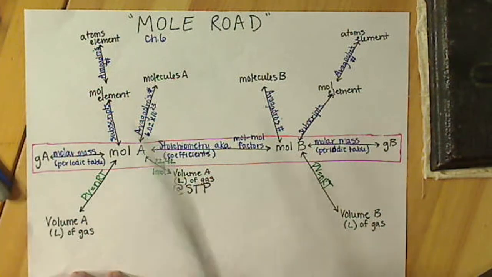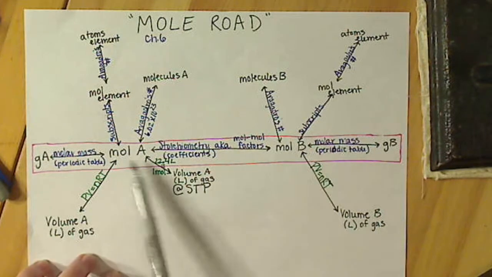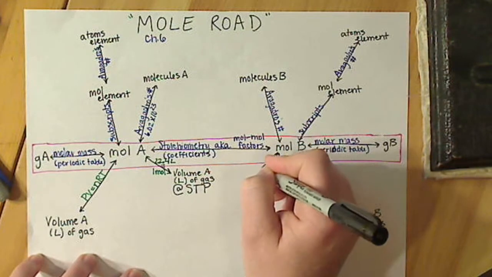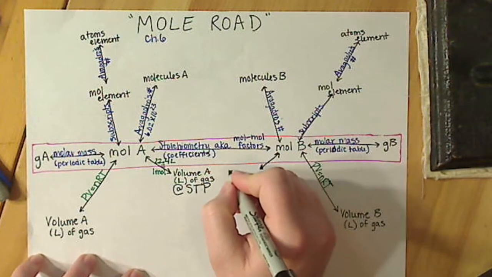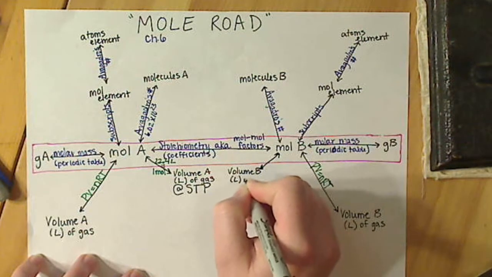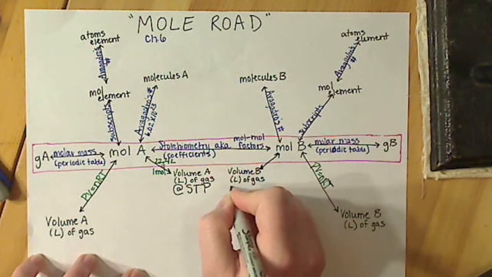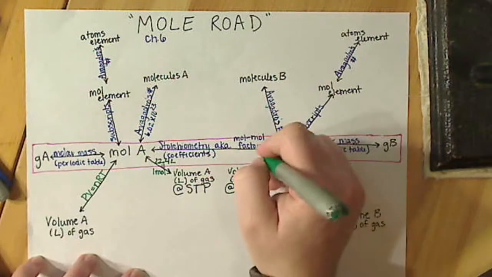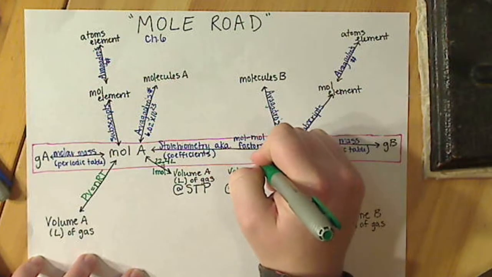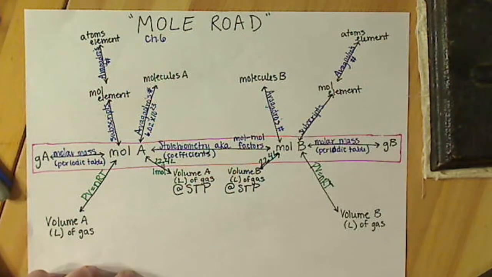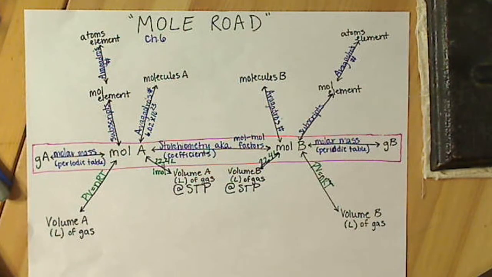If we're still at STP once the reaction has occurred, we can also use that shorthand to get to the volume of B in liters of our gas, as long as we are at STP. And that's 22.4 liters. I just use that as a reminder of how we do that conversion.